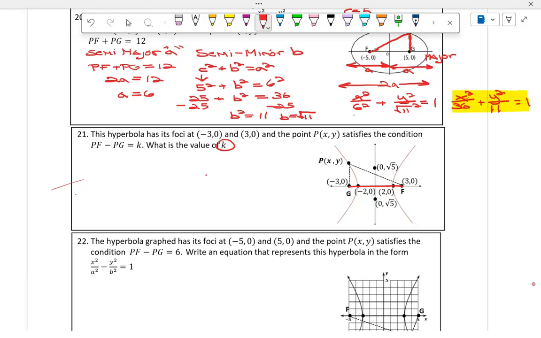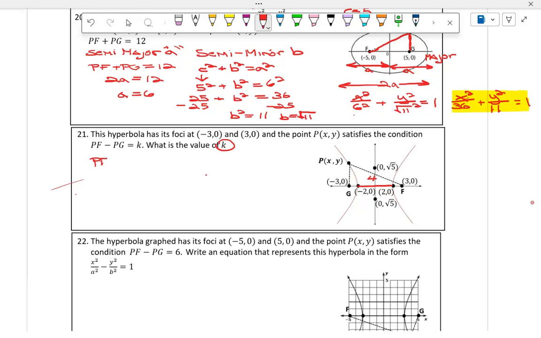And so when you look at your equations for a parabola, or excuse me, a hyperbola, our transverse, our two vertices, let me correct that. This is the transverse axis right there. Okay, so if I asked you, well, what's that length? You'd say that's 4. Well, that's what k is.